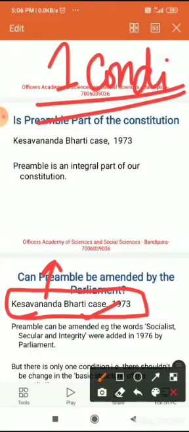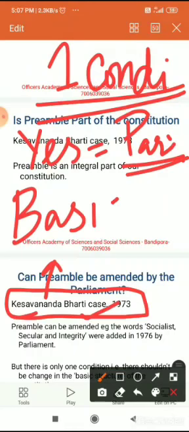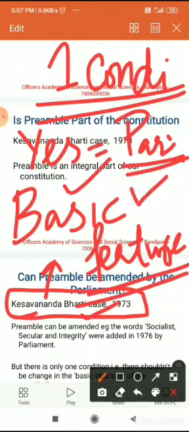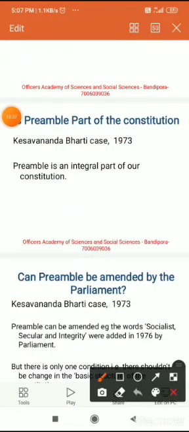It has said yes, parliament can modify, can amend the preamble, it can amend the constitution, but the basic feature of our constitution should not be changed. Now the question is, what is this basic feature? What do we mean by basic feature? This is very essential part to be understood.